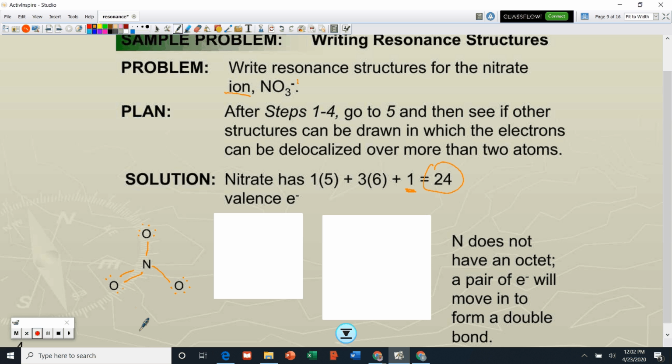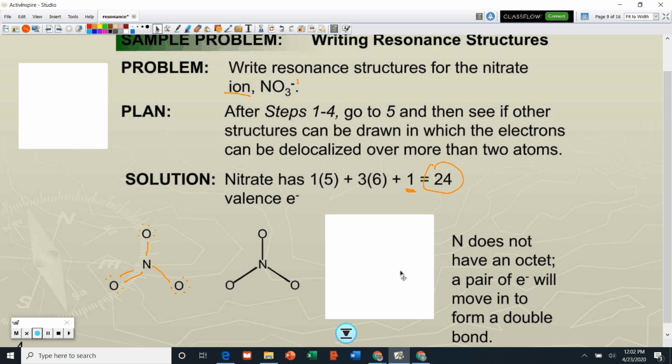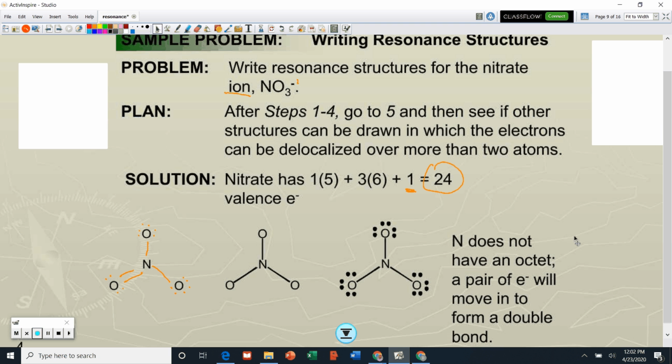Now, when it comes to resonance, we have to figure out if there's a best way to draw that. So let me move some things out of the way. This was just going through, and I just didn't want y'all to see it while I was doing it. But if we just follow the rules, we end up with this.